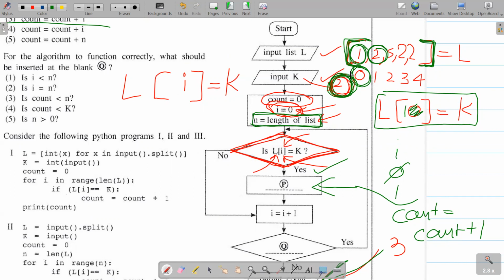right? So this condition should check whether your this I is less than n. ඇයි අපි එහෙම බලන්නේ? මේ I තමයි මේ L[i] කියන එක්කෙනාව control කරන්නේ. right මුලින් L0 බලන්න ඕනේ ඊළඟට L1 බලන්න ඕනේ ඊළඟට L2 බලන්න ඕනේ ඒ විදිහට L4 වෙනකන් අපි බලන්න ඕනේ.